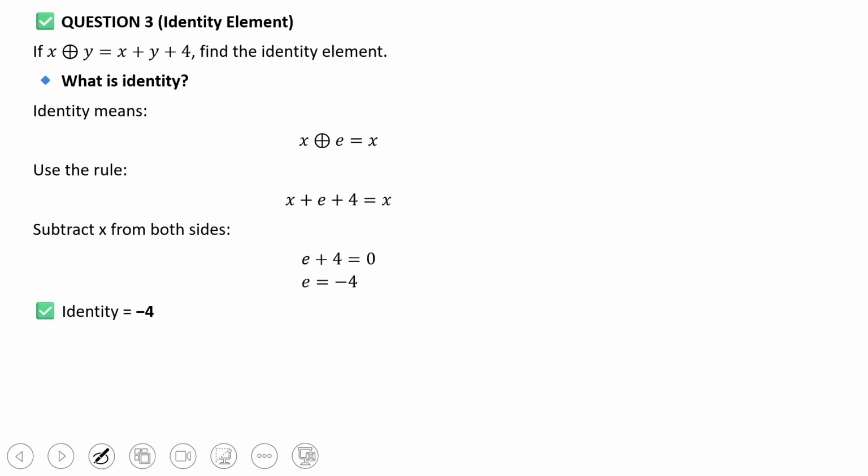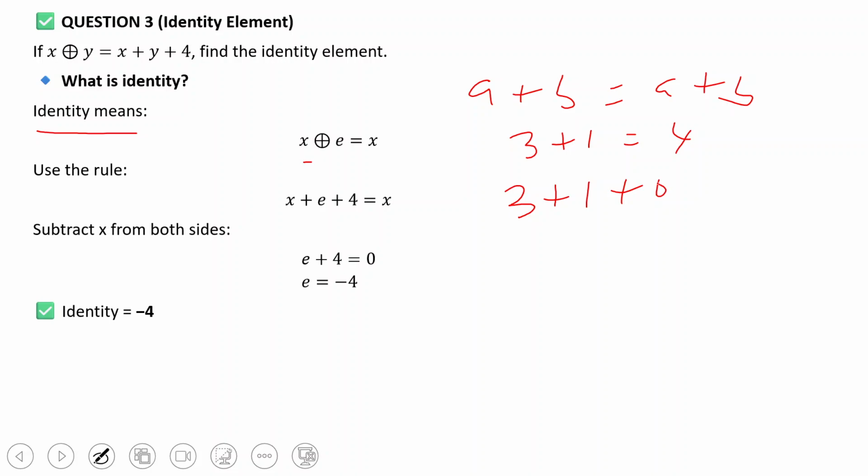So there is a concept known as identity element. Identity means that if I have x second plus e is equal to x, it is that number that makes this variable unchanged. So for addition, identity is 0. If I have 3 plus 1 is equal to 4, the identity element for this kind of operation is 0, because by the time I add 0 to this, I still get 4.